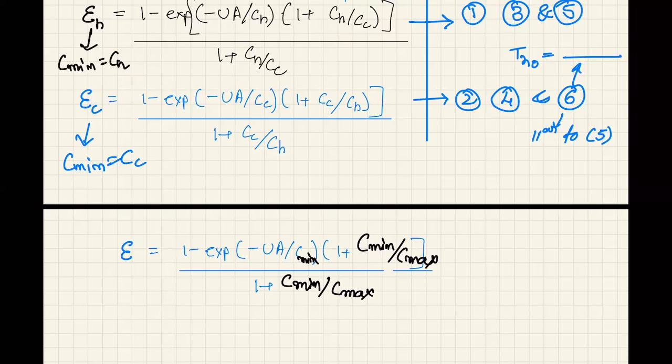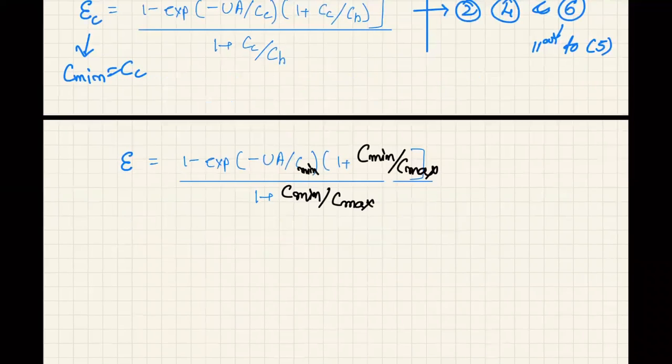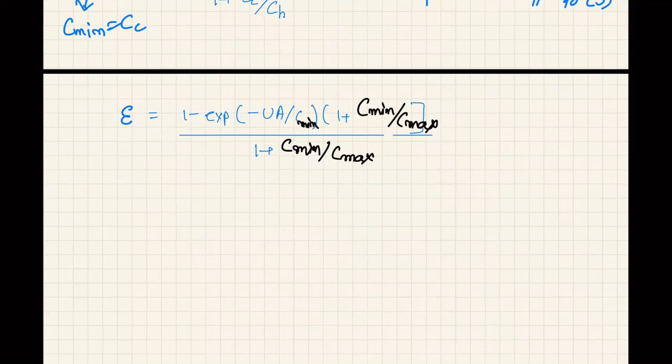Now I have two dimensionless quantities in front of me, right? You can try to work it out by yourself and see. UA by Cmin, Cmin by Cmax, they are all dimensionless terms, right? So now I define these dimensionless terms by using some ratios.